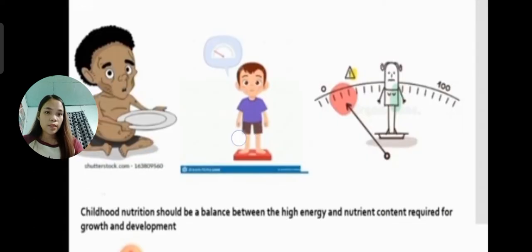So next, childhood nutrition should be a balance between the high energy and nutrient content required for growth and development. So si childhood nutrition sino gihapon sa obesity maka-affect gihapon ni sa physical development sa isa ka bata.